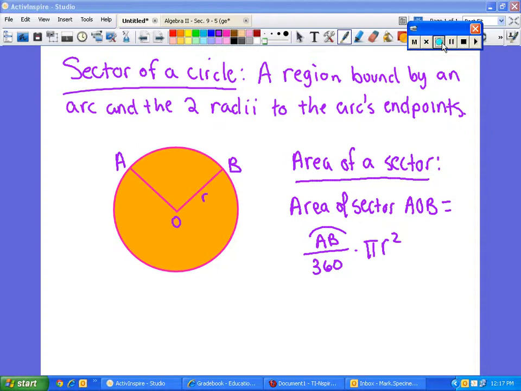But I don't want the area of the whole circle. I just want the area of this portion of it. So I'm given the length of the arc, and I divide that by 360 because my whole circle is 360 degrees. There's a relationship between the length of the arc and the size of the circle that it covers.